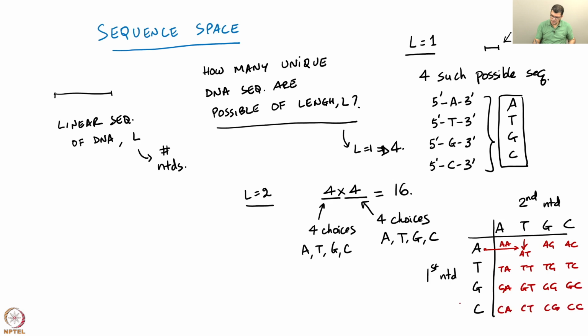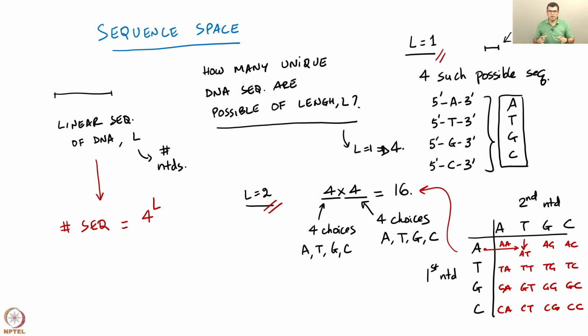So, there are again these 16 possible sequences if the length of the DNA fragment that I am looking at is equal to 2. Similarly, for any general sequence of length L, the number of possible sequences is simply equal to 4 to the power L. We just did the cases of L equal to 1 and L equal to 2.